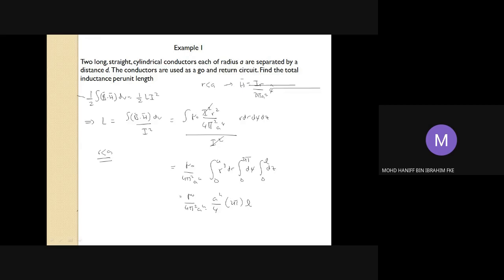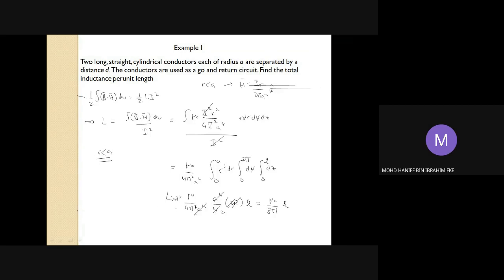A few things can be cancelled out: the 4, the pi, and the 2, and we end up with mu naught divided by 8 pi multiplied by L. This is the inductance. Because it is for R less than A, we call this the L internal.